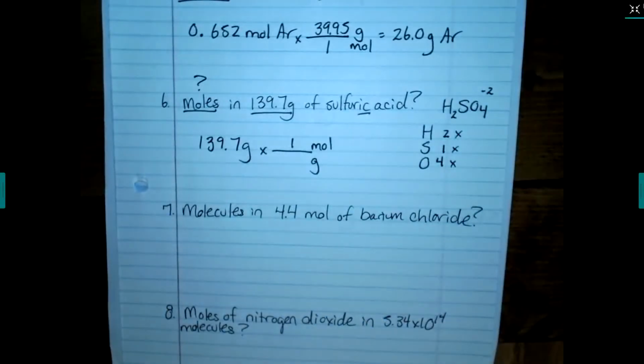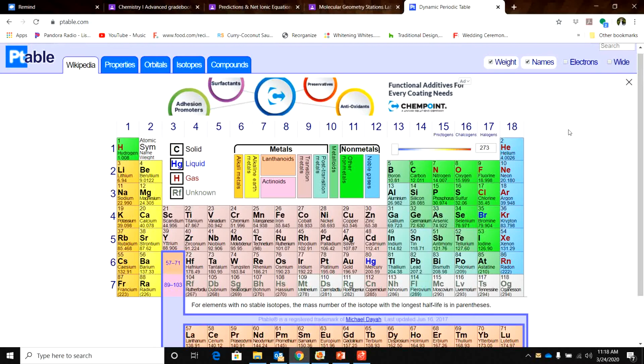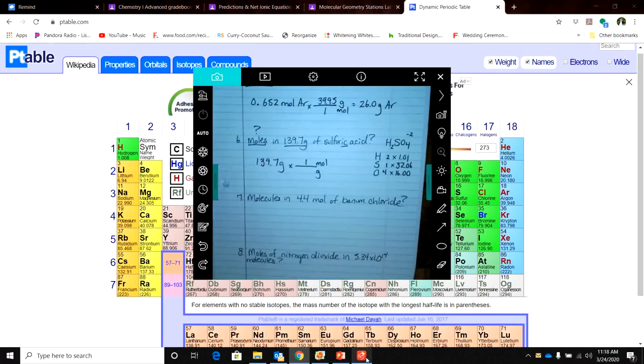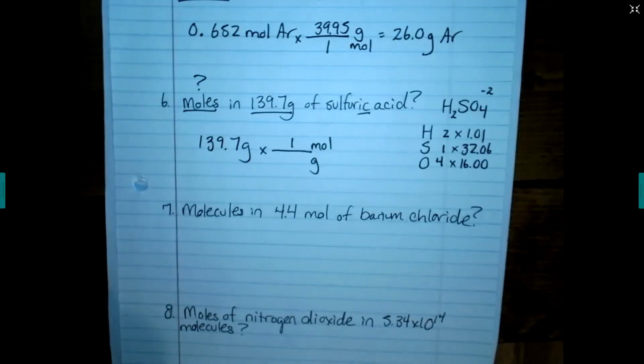So again, looking at our periodic table, hydrogen's molar mass is 1.01. Sulfur's molar mass is 32.06. Oxygen's molar mass is 16. So I'm going to multiply each of those and add them together.